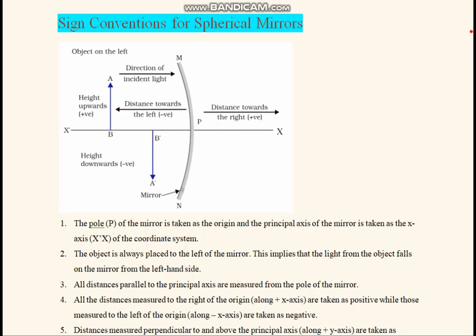All distances perpendicular to the principal axis and upward are taken as positive, and all distances perpendicular to the principal axis and downward are taken as negative. All these rules are summarized in this diagram and they are also stated below. We will use these sign conventions while solving numericals based on spherical mirrors.